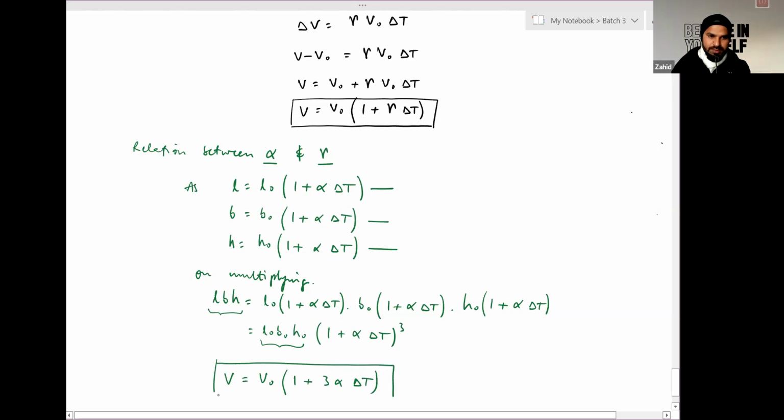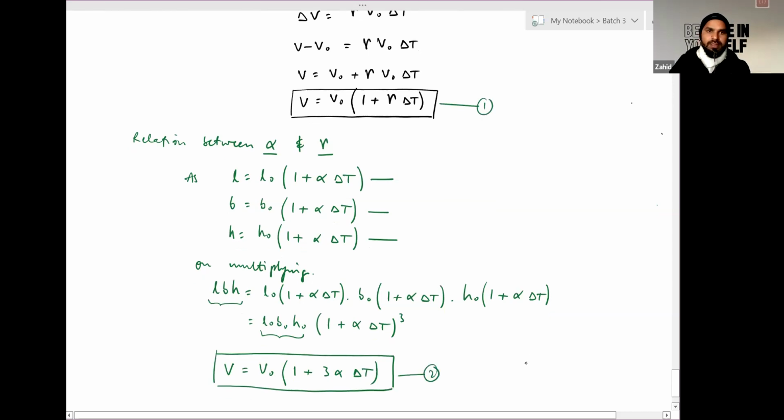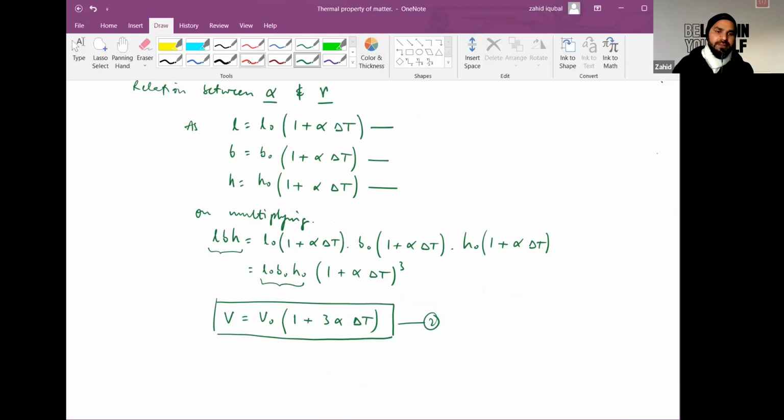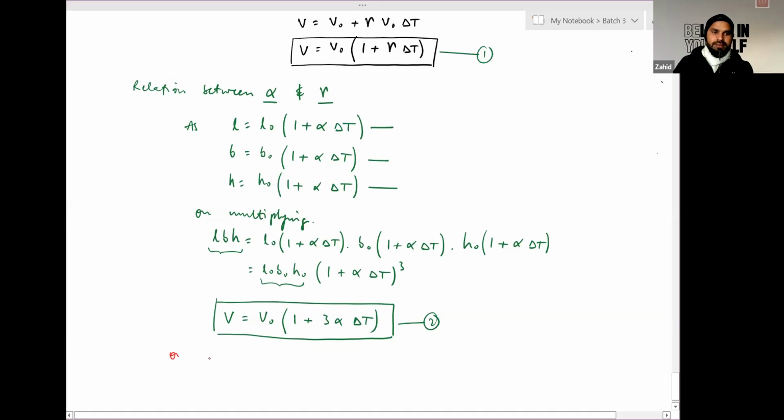Let's say this is equation 2 and the earlier one is equation 1. On comparing equation 1 and equation 2, gamma equals 3 times alpha, or alpha equals gamma by 3.